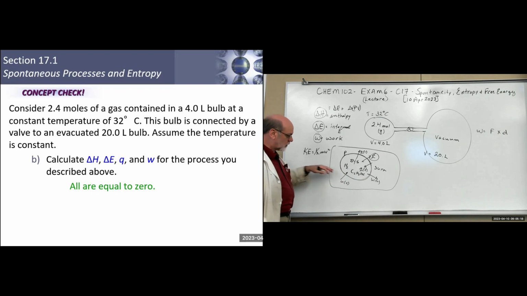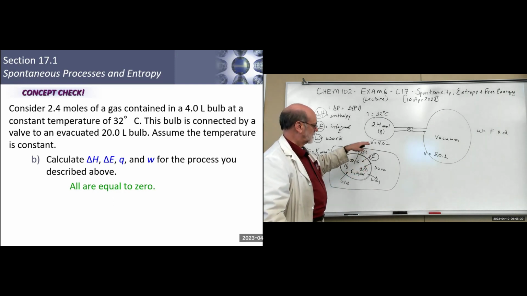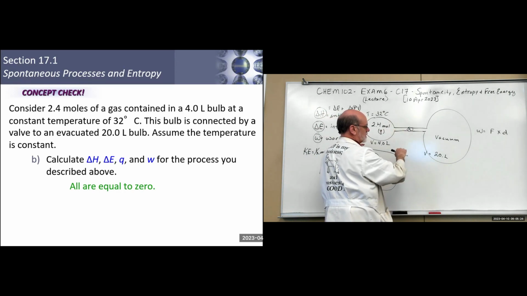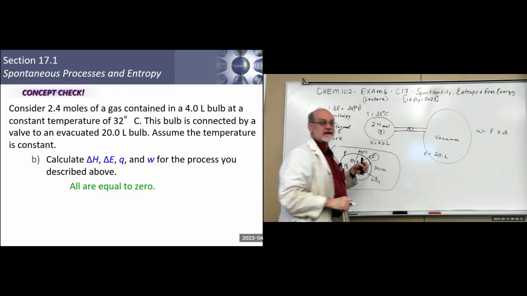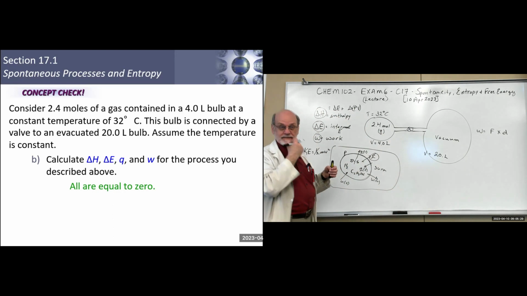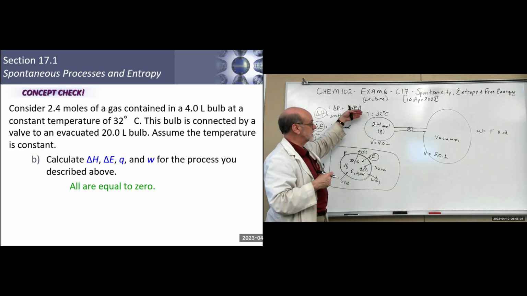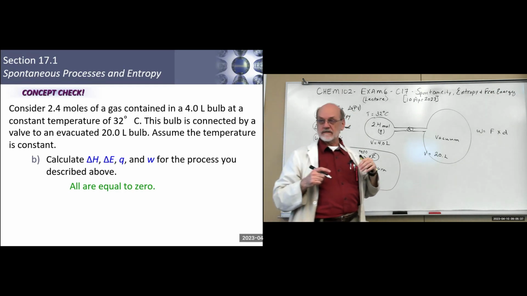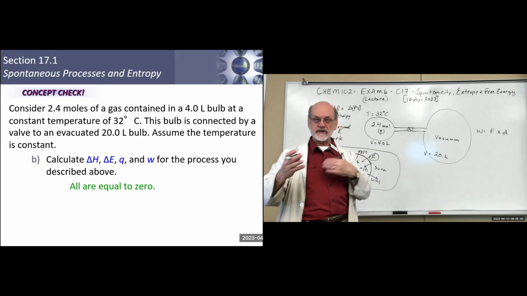How about Q, total heat of the system? Well, we're not letting heat cross into or out of the system, so there's no change in heat. Okay, and we're saying the temperature is constant. So that's another indicator that there's no change in heat, because heat responds to a difference in temperature.